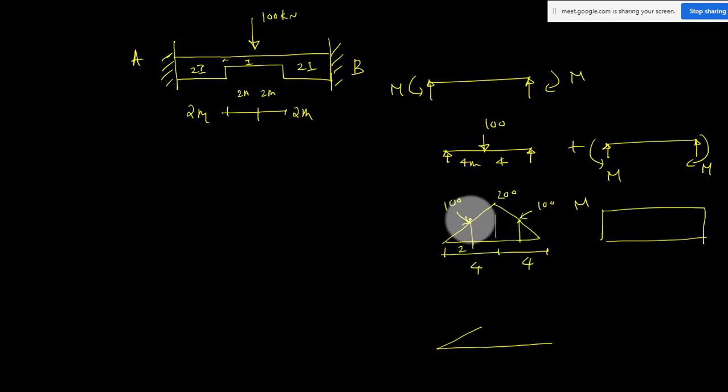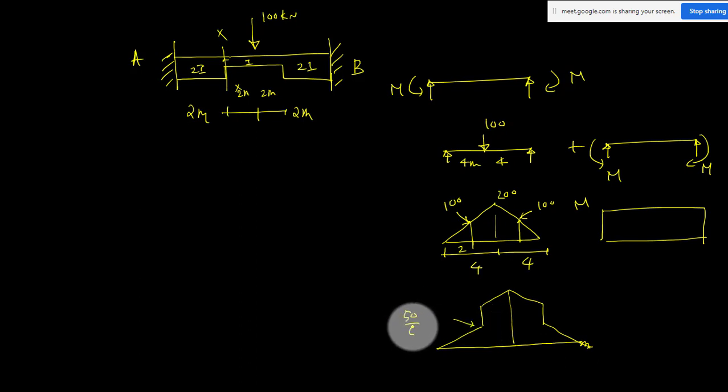If you are taking a section and seeing the left side, the value of moment is 100 by 2I, that is 50 by EI, and immediately on the right side, what is the value? 100 by 1 EI. So it is going to take this shape, and the same will come here. Finally this is the M by EI diagram shape. What is this value? 50 by EI.